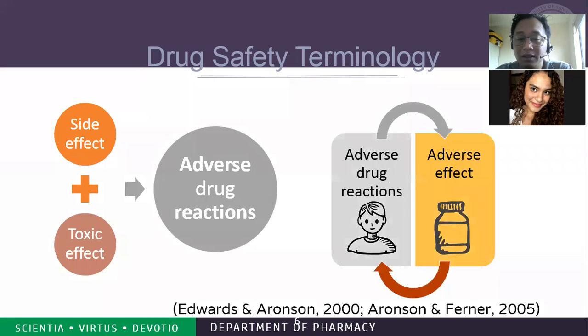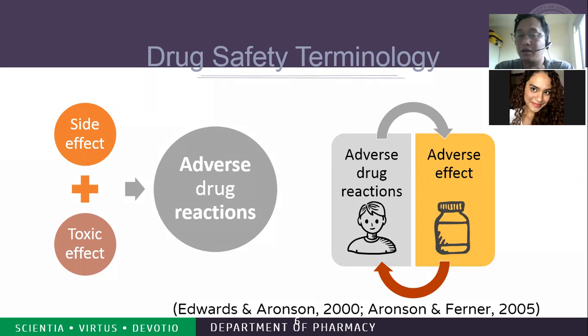And then adverse drug reactions can be used interchangeably with adverse effect. So we see the adverse drug reactions from the patient's point of view.